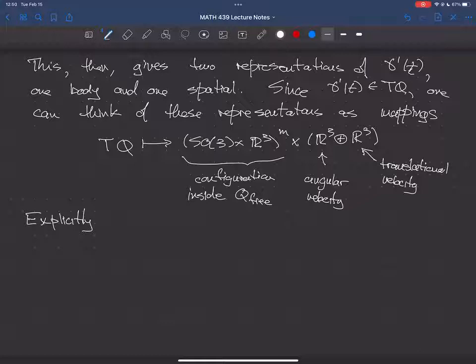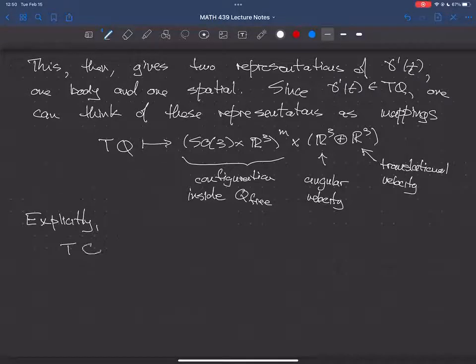Okay. So I'm going to have TQ is a subset of T of Q free, because Q is a subset of Q free.